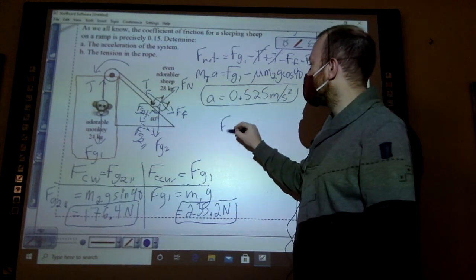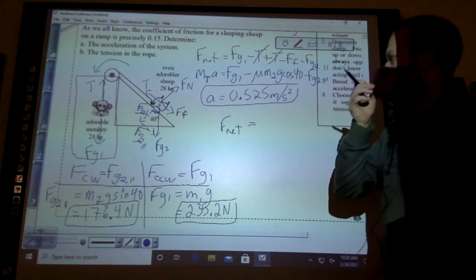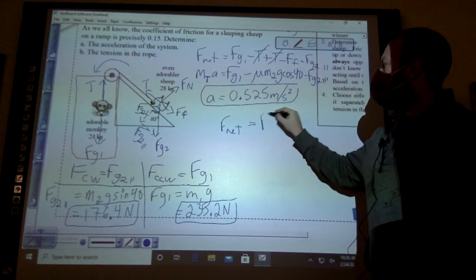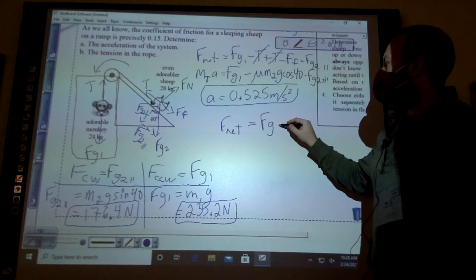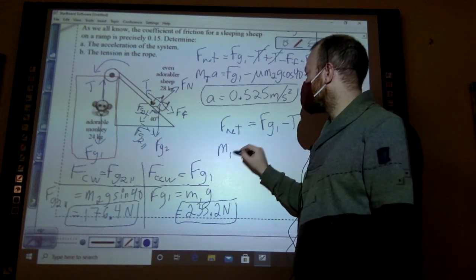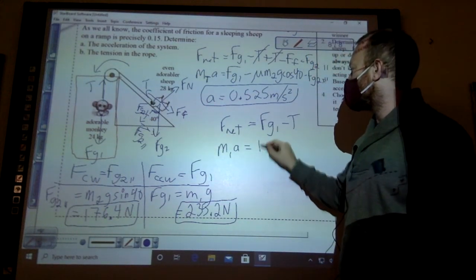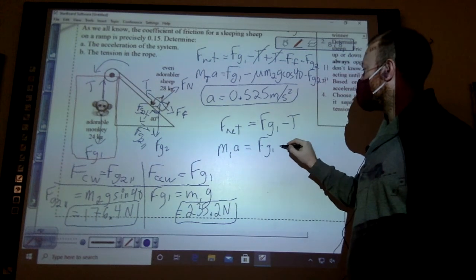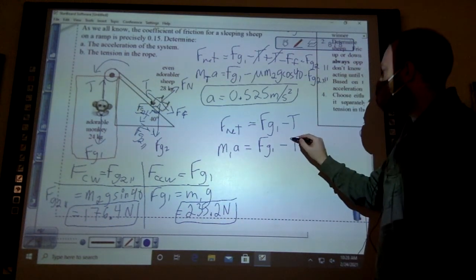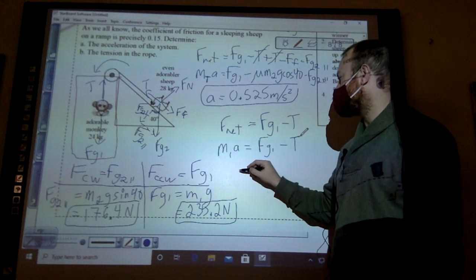So for this, let's make an F-net equation. This is going to equal the bigger force minus the smaller force. We know the numbers for this, M1A equals FG1, which we've already solved for, minus tension. Rearrange this, or you can plug in numbers at this point.